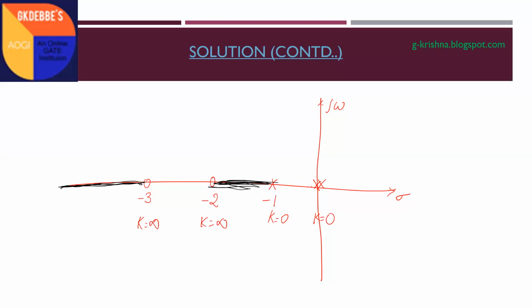Then the angle of departure of this pole is 180 degrees and it reaches this zero. For one root locus branch, or one closed loop pole as k varies from 0 to infinity, it goes from -1 to -2. The remaining two closed loop poles will break away here and again break in between -3 and -infinity, and one branch reaches this zero while another branch terminates at 180 degrees.